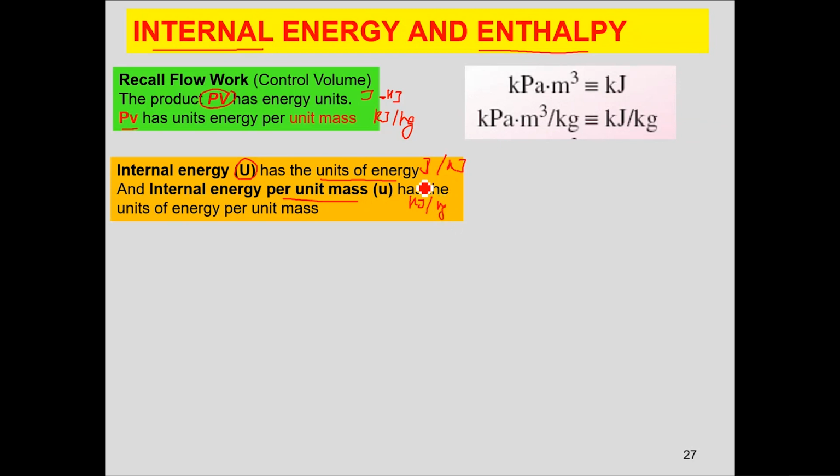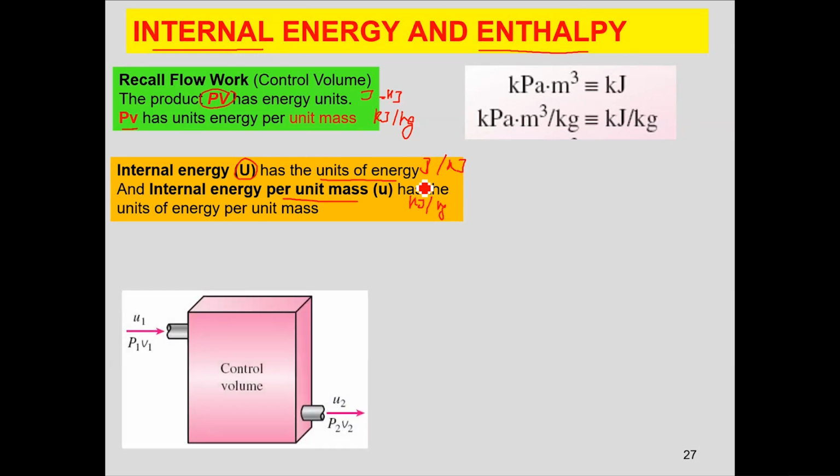Now, whenever a fluid is entering a control volume, it has its own internal energy and its own flow energy. Similarly, when it is flowing out of the control volume, it has the internal energy plus the flow energy.